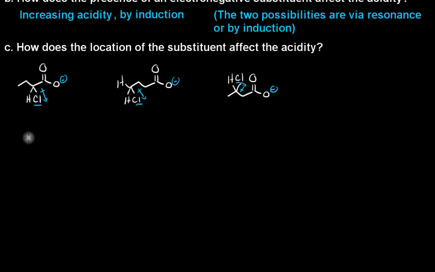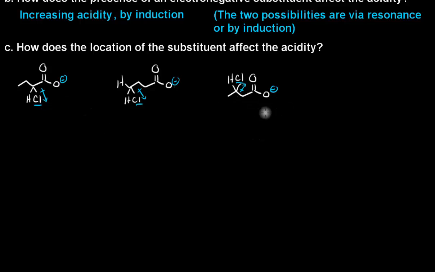Thinking about just the proximity of this chlorine to that negative charge, it seems slightly intuitive that the closer the chlorine is, the better able it's going to be at removing electron density from the oxygen. The closer it is, the more that oxygen will feel that electron withdrawing effect. Because this chlorine is the closest, this group is going to be the most acidic.